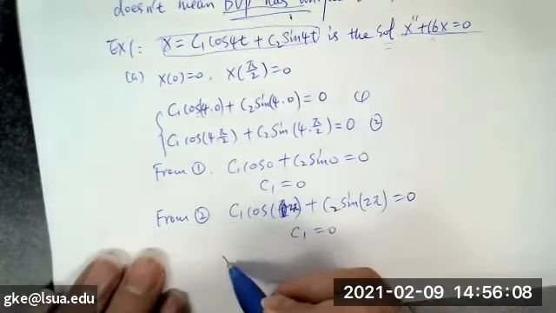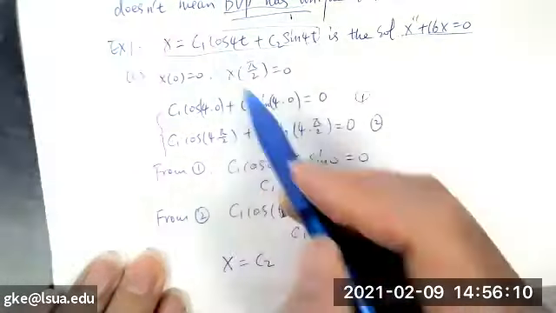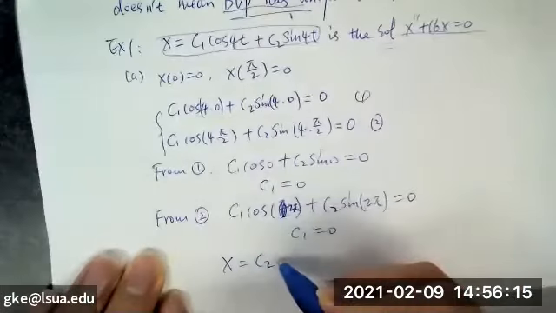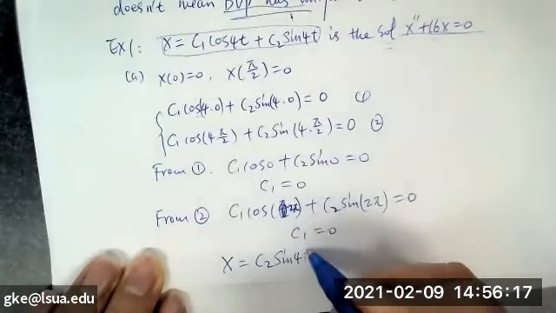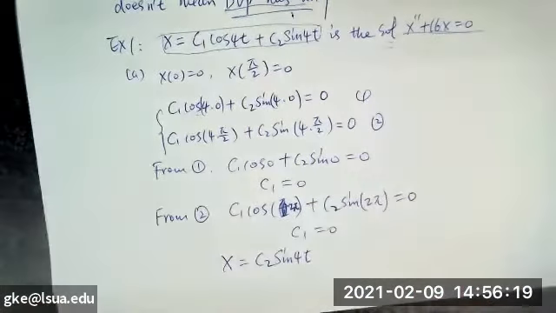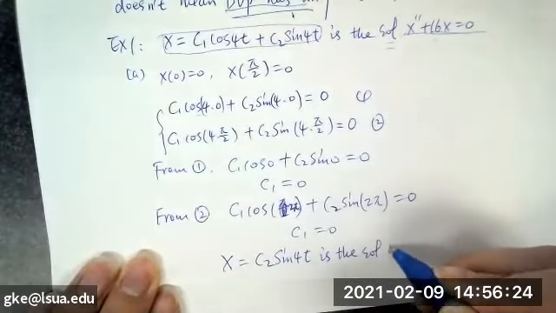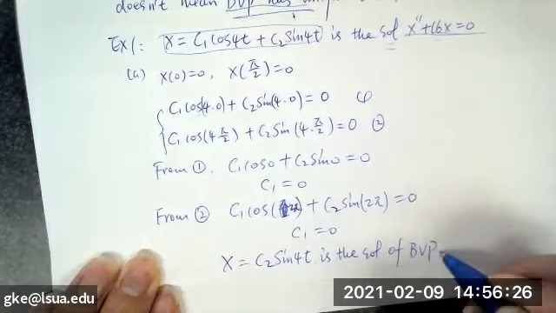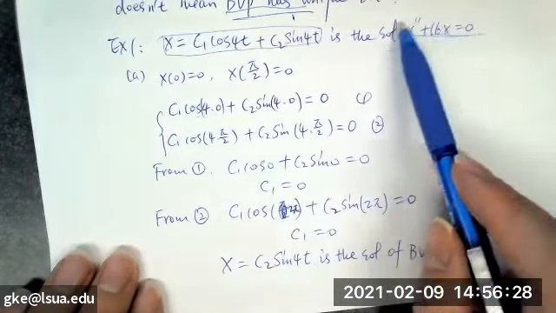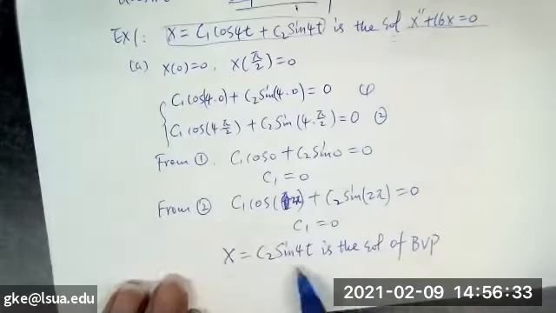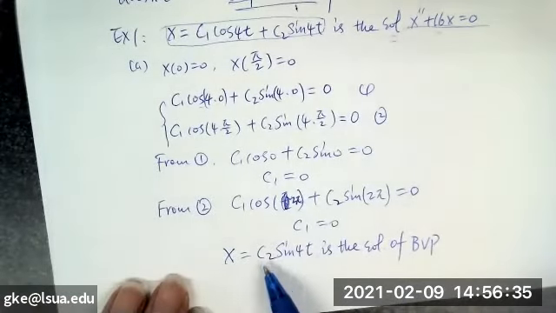So the solution we can write down is plugging back C1 equals 0. We only get C2 sine 4t. And this guy is the solution of the BVP. Okay, that BVP consists of this ODE plus these conditions. As we can see, we don't have a unique solution here.